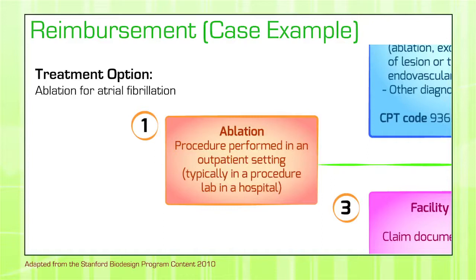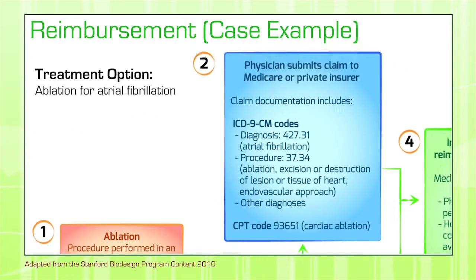By knowing that it's a procedure lab done in a hospital, that is called ablation, we should know by now that there are two types of codes that are going to apply: the ones that apply to the physicians and the ones that apply to the facilities. The ones that apply to the physicians are two: the ICD-9 CM codes and the CPT codes.